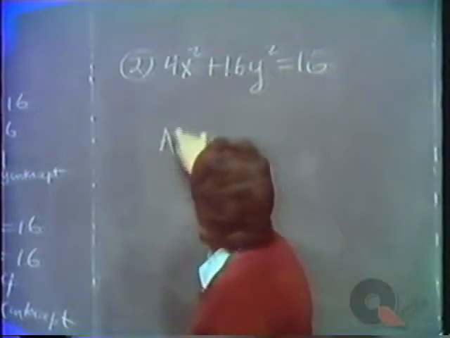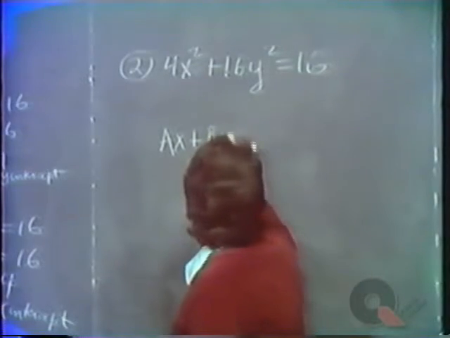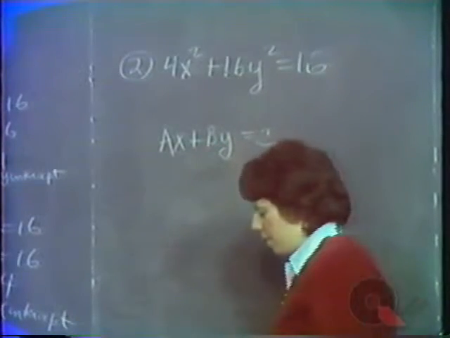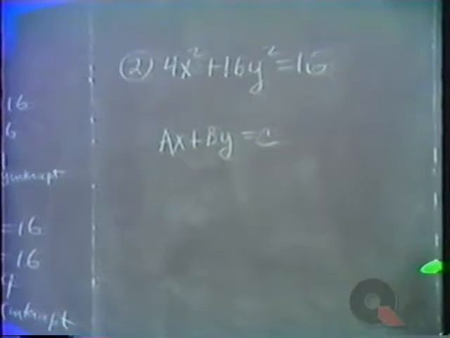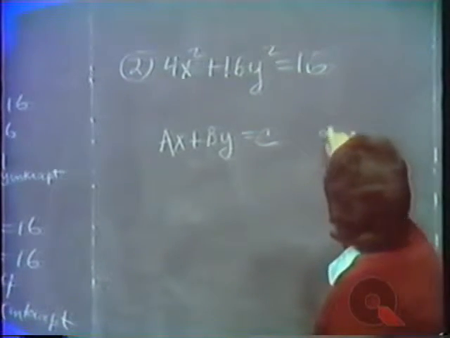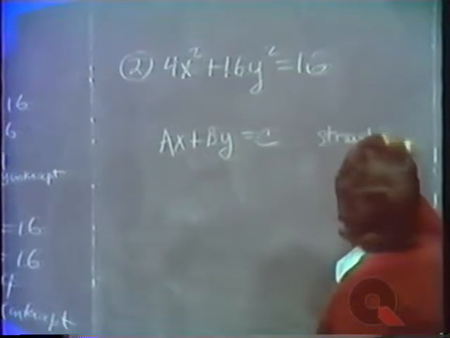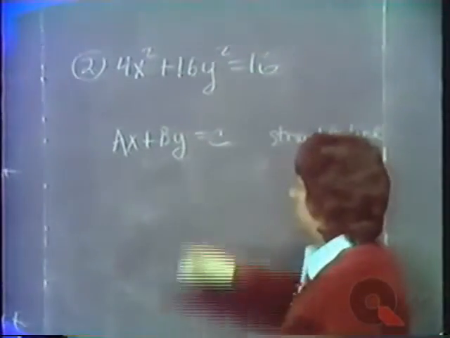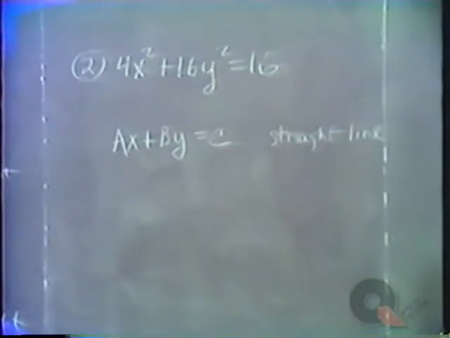If we have, say, ax plus by equals c, an equation that is first degree in x and y, the graph of such an equation is going to be a straight line. A, b, and c are constants, and a and b are not both 0.